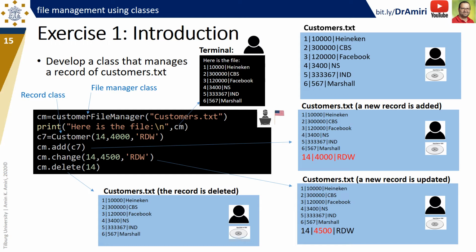You are tasked with creating a customer file manager and creating a class called customer, so that the manager can easily add a record, update a record, or remove a record from this file.